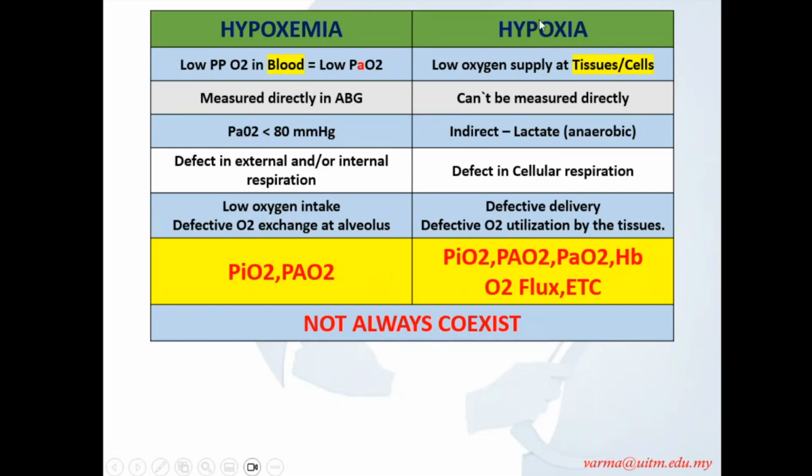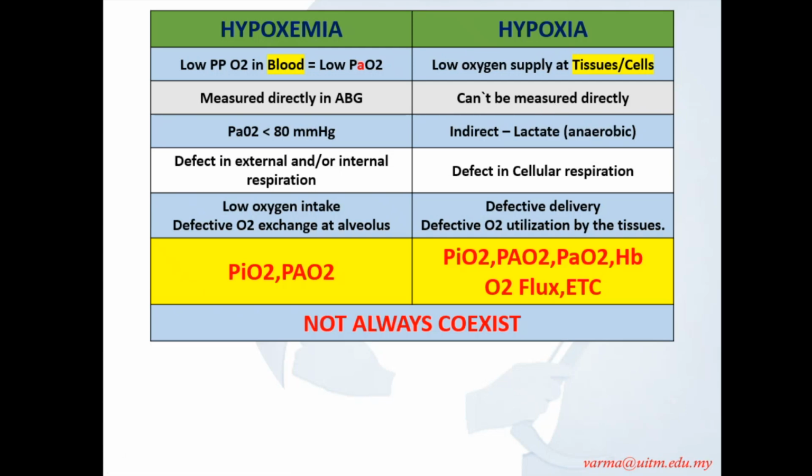Whereas in hypoxia, we can only quantify hypoxia by indirect measurement, one of which is lactate, because lactate is a byproduct of anaerobic respiration. When the oxygen level in your cells at the mitochondria is very low, we have a term called Pasteur point.